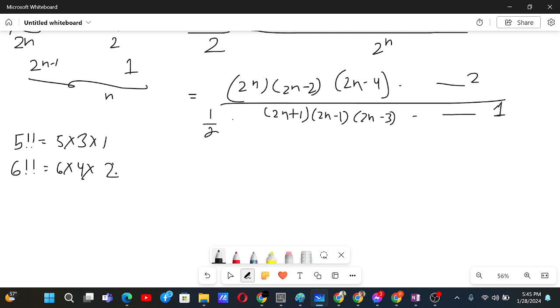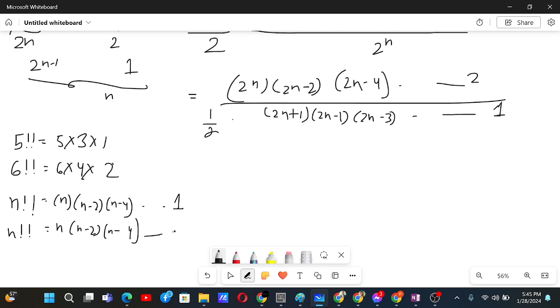So for an odd number, that will be n times n minus 2, n minus 4 up to 1, and for an even number that will be n times n minus 2, n minus 4 up to 2. This is for odd, this is for even. And for 0, as always, we define that to be 1.